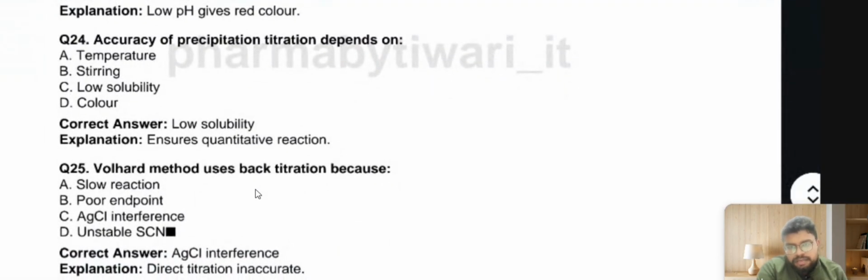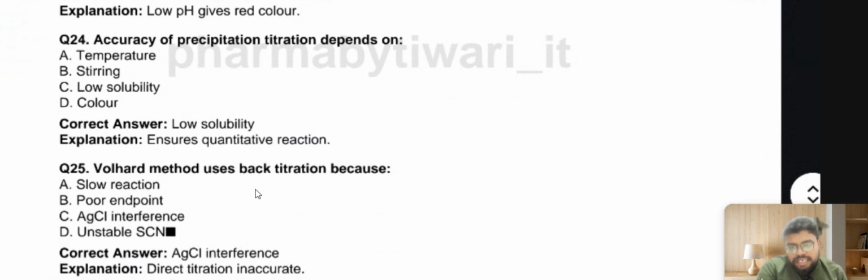The Volhard method uses back titration. We discussed this in a previous question. Let's see the options: slow reaction, poor endpoint, AgCl interference, unstable SCN, thiocyanate.